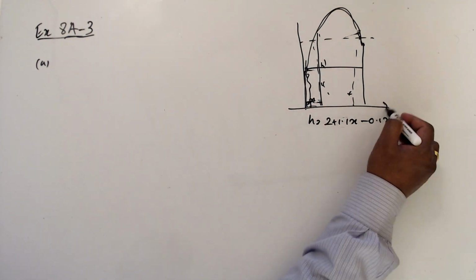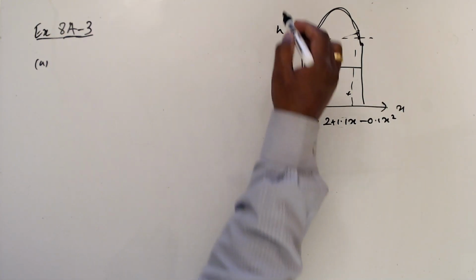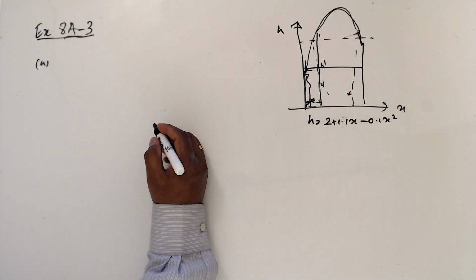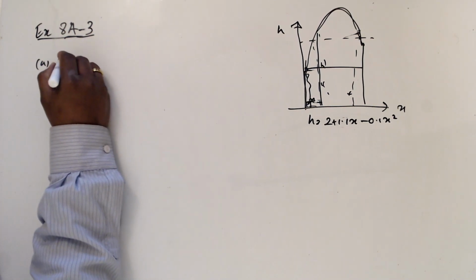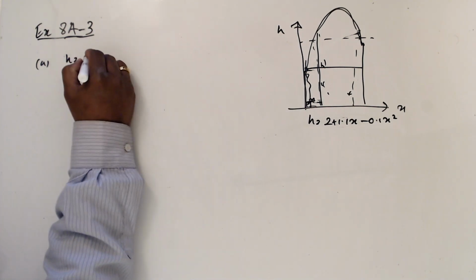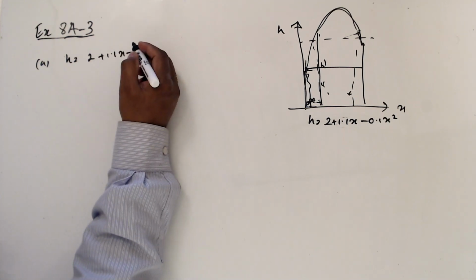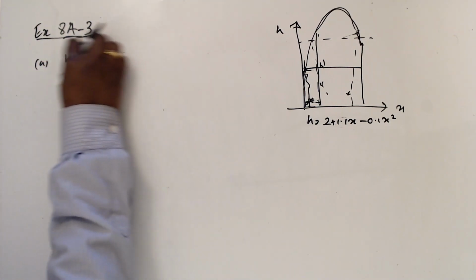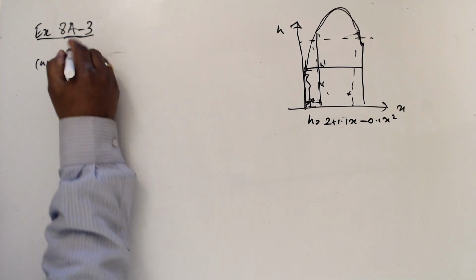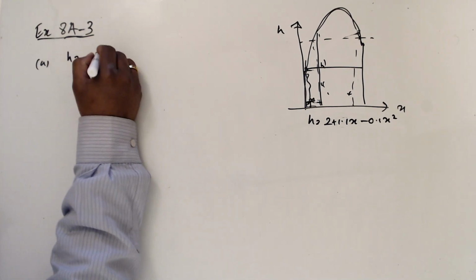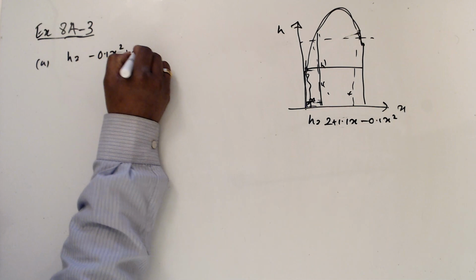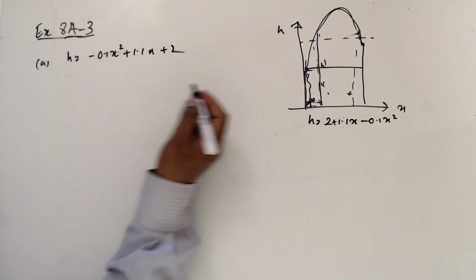So this is the x-axis, and this is the h-axis, and the first question is to find the value of x at which the basketball is exactly 4 meters above the ground. I wrote it the other way around: h equals minus 0.1 x squared plus 1.1 x plus 2.